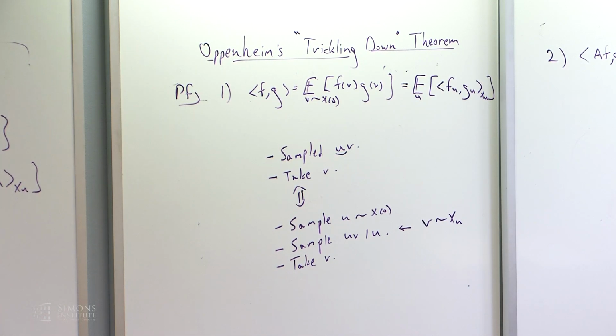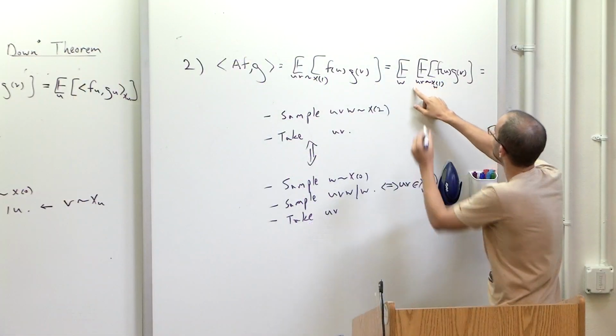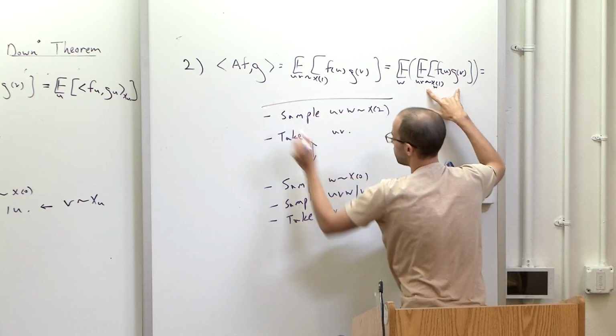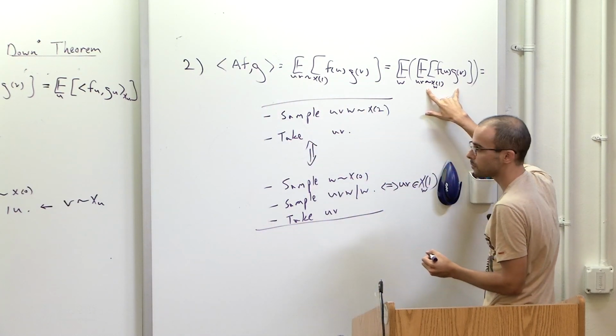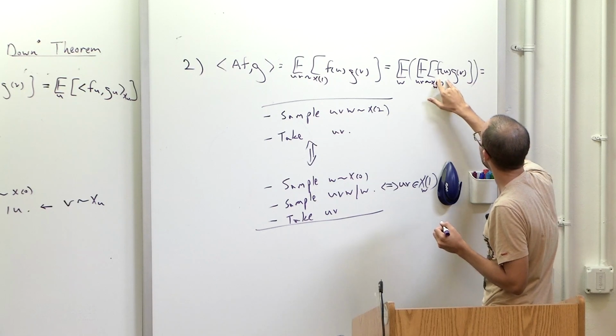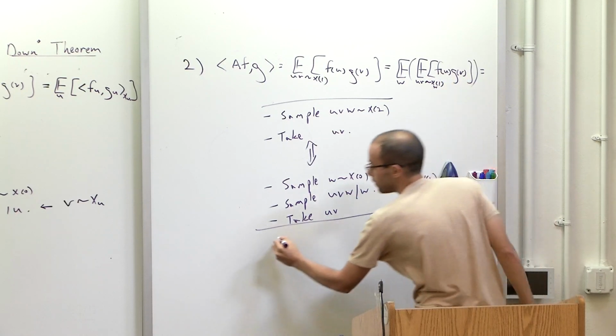The expectation over W of the expectation over UV inside the link of W of F(U)G(V), and what we see is that inside we get precisely the local adjacency operator operating on F and then inner product with G.